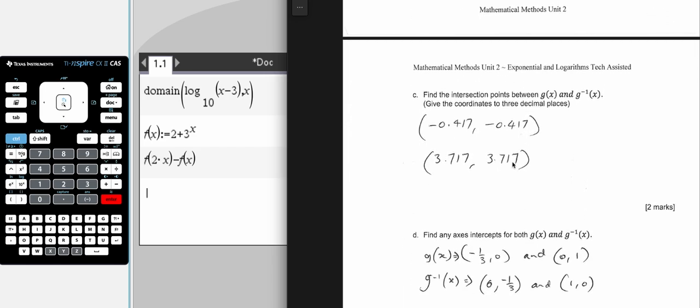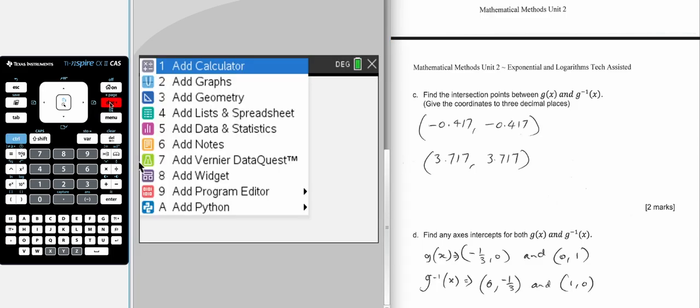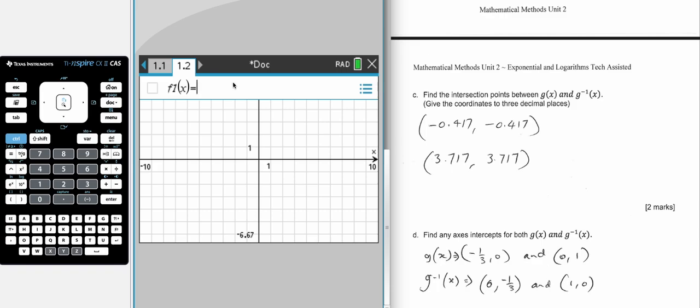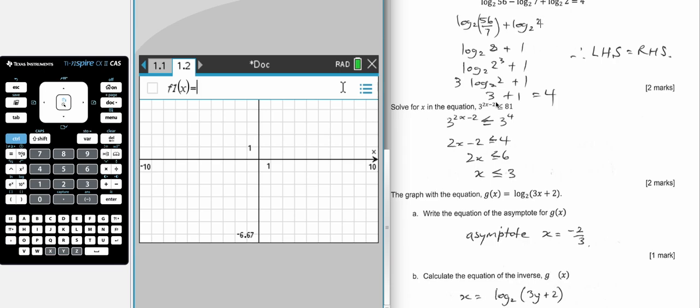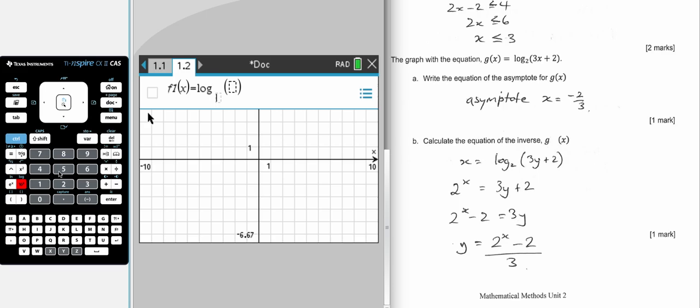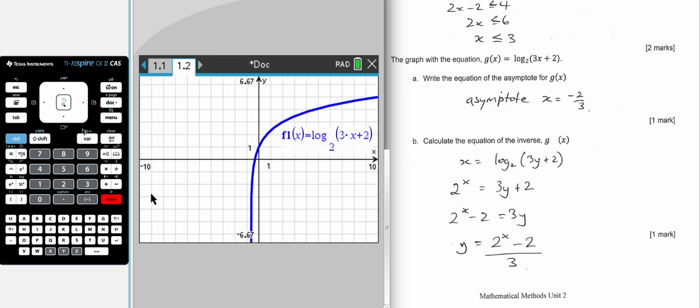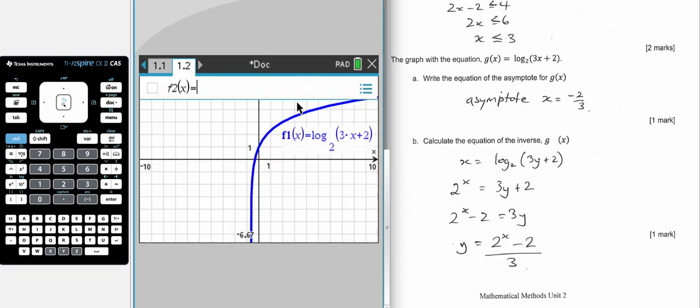If we go to question 3c, then we're trying to find the intersection points, and of course if you're going to do that you need to graph them both. So if we go back to the question here, I've got the original question here, this logarithm. So of course I'm going to have to put the log, and it's a base 2. So 3 times x plus 2 in, there it is there. And then of course I need to press menu, function, and put our new inverse in.